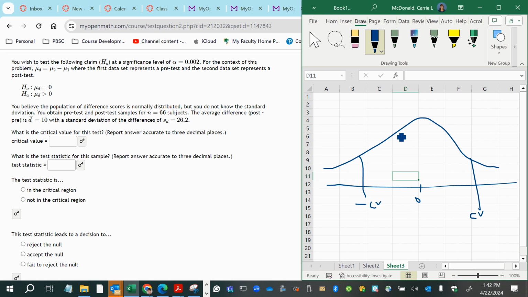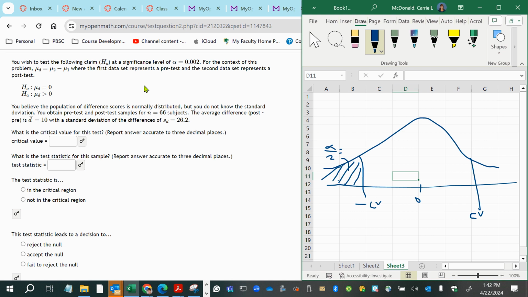And excuse my handwriting, but I'm using a mouse right now to draw. So if you have a two-tailed test, then your alpha is going to be equally split into the two tails. So in the left tail, you would have half of your significance level alpha for a two-tailed test.